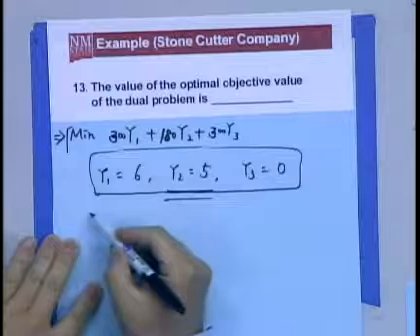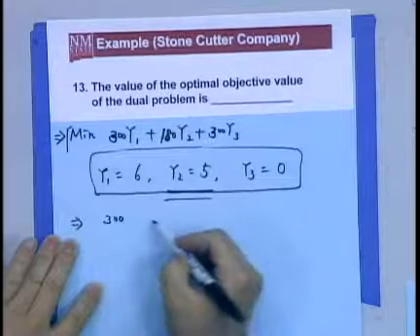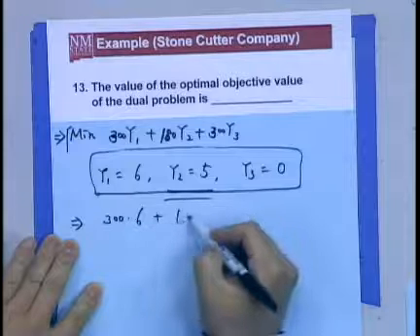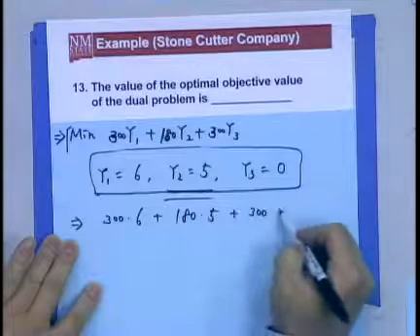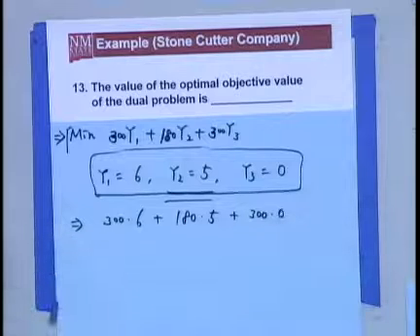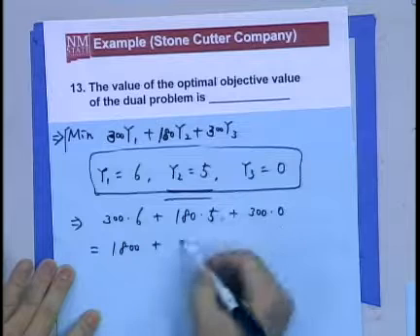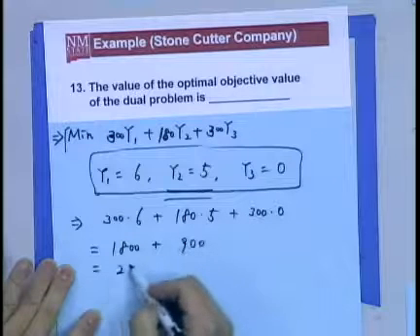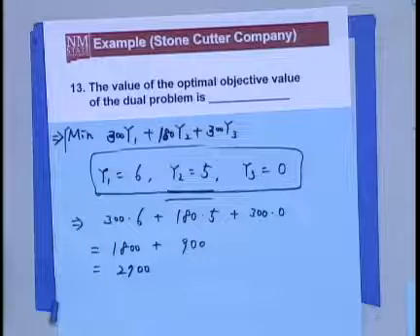Okay? So our dual objective function value would be 300 times 6 plus 180 times 5 plus 300 times 0. What is this? 1800 plus 900, which is 2700. Okay? Does that make sense?